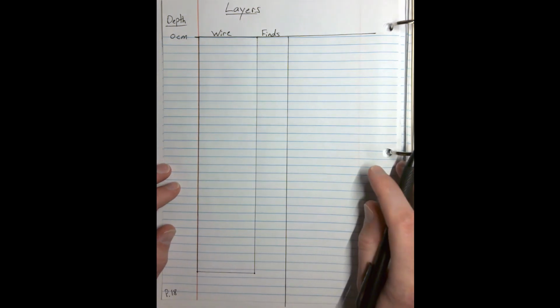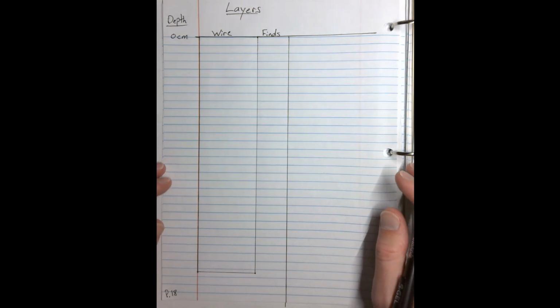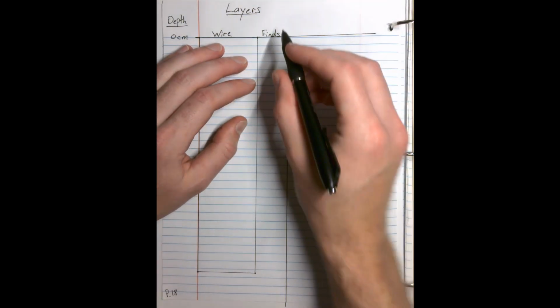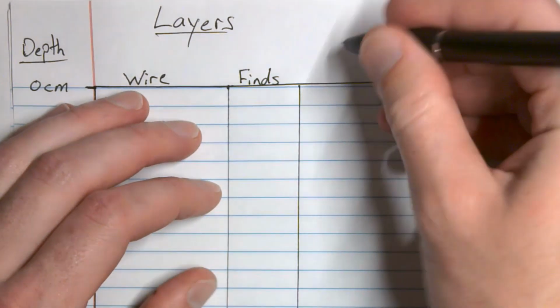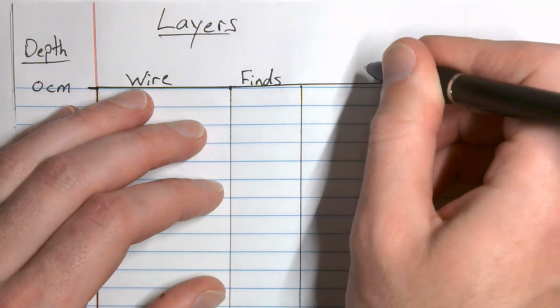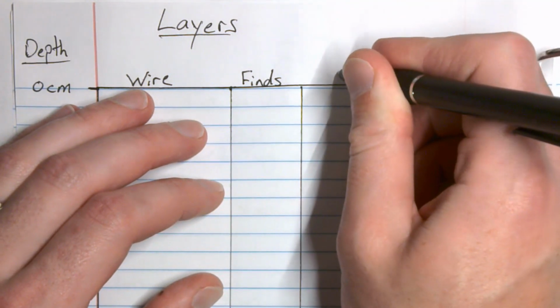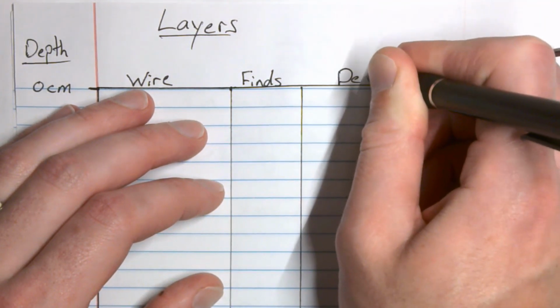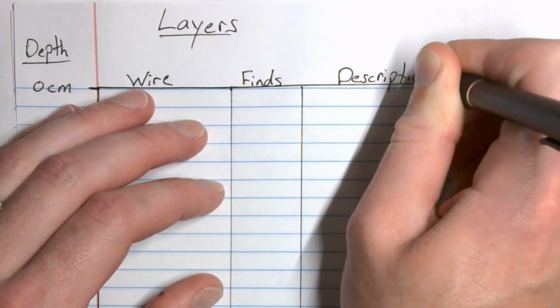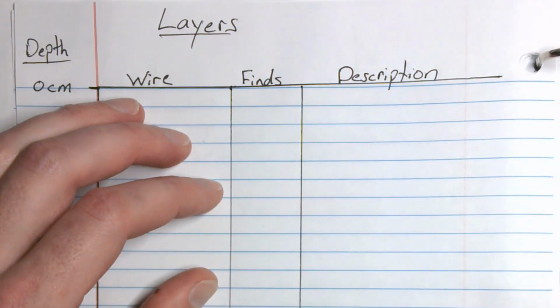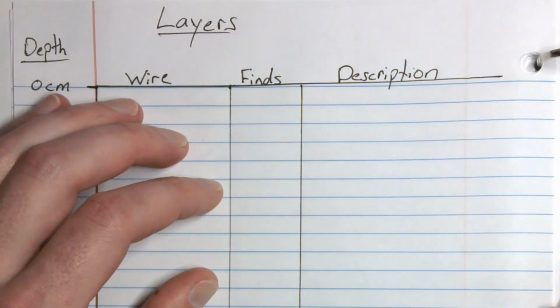So that's kind of putting a barrier there. So this is my label, so A1, A2, A3, whatever. And then over here I have my description. So let's say I do find something, like a pen cap or something.